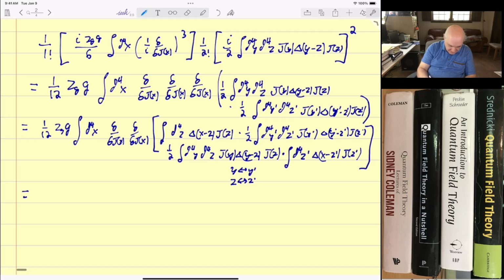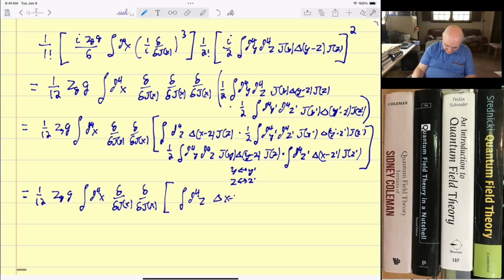So we end up getting 1/12 zgg integral d4x δ/δj(x) δ/δj(x) times this expression, which is integral d4z Δ(x minus z) j(z) times the integral d4y prime, I'm going to leave it at y prime because there's a z variable here and I don't want to have a conflict.